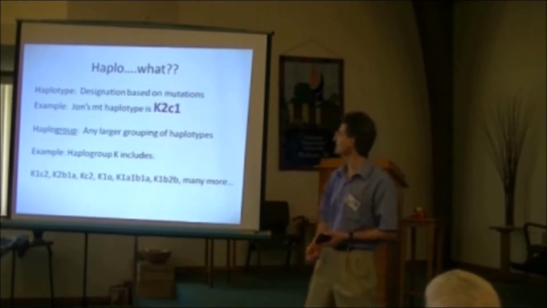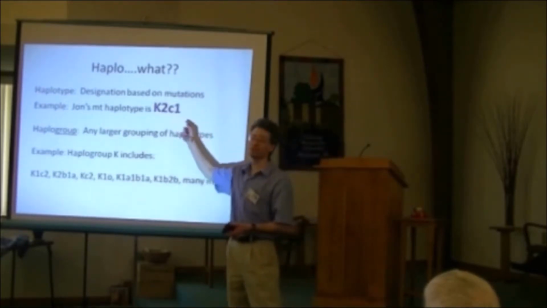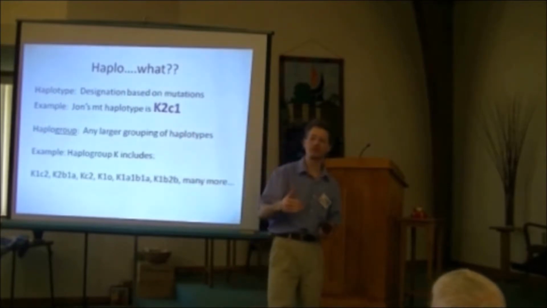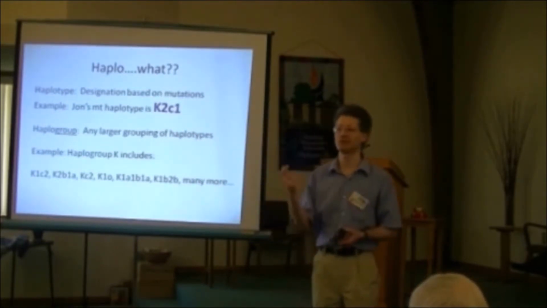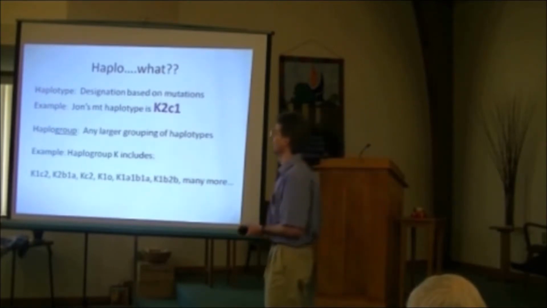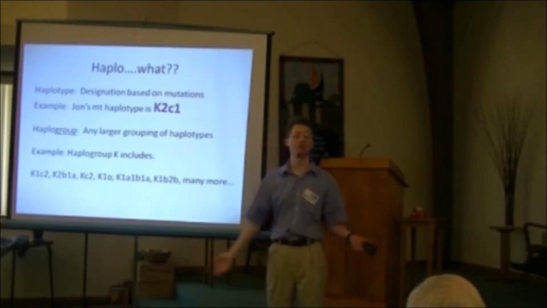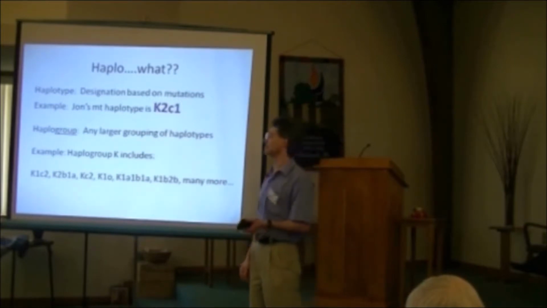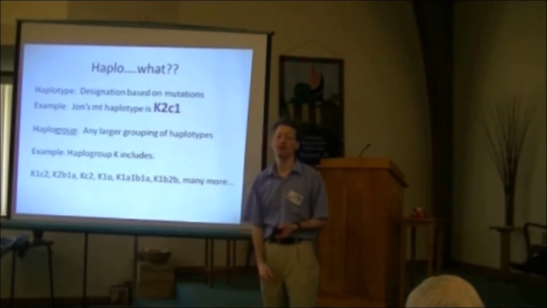We're going to call it, in my case, K2C1. So if you have these mutations, you're a K2C1. That's the haplotype. However, because there have been so many mutations in such a big population, there are many, many, many of those haplotypes.